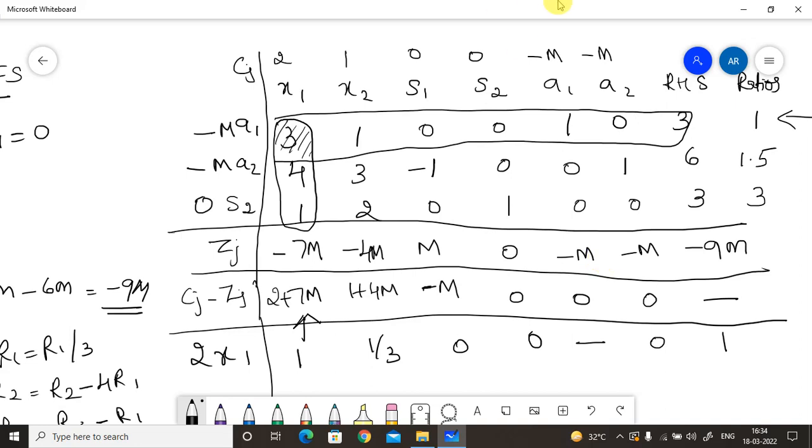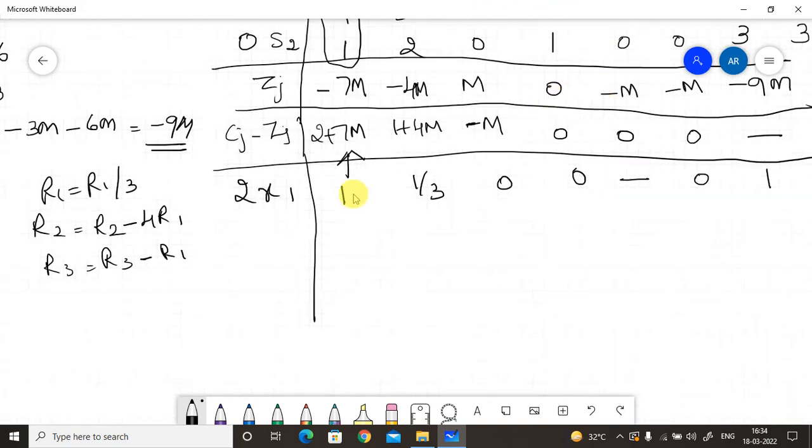Similarly, let us go for the second one. The R2 formula is R2 minus 4R1. Here minus m a2 will remain the same because it has not left us yet, and the value will be 0, then 5 by 3, and this becomes minus 1, 0.